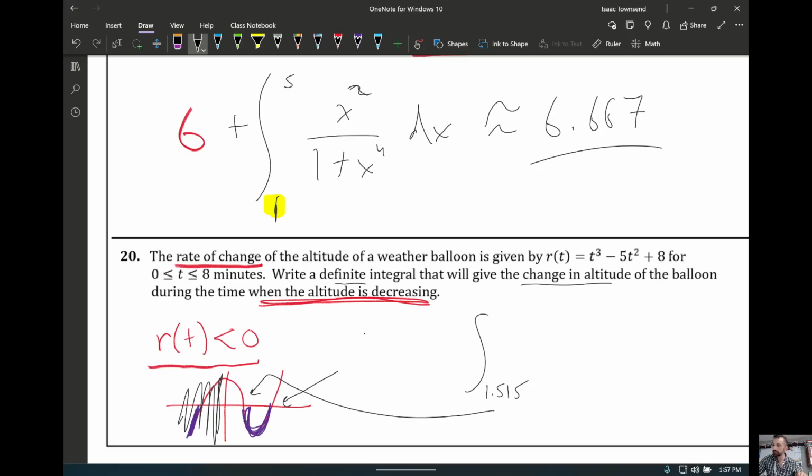The second x-intercept is about 4.626. And if I integrate the rate of change of altitude, that's the same as computing how altitude is changing. So I will integrate this, throw it on the home screen.